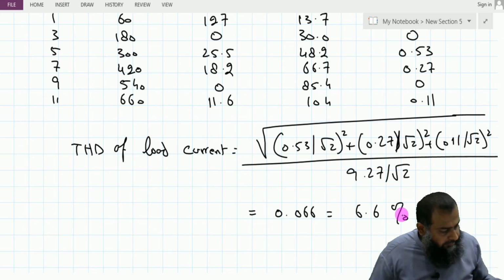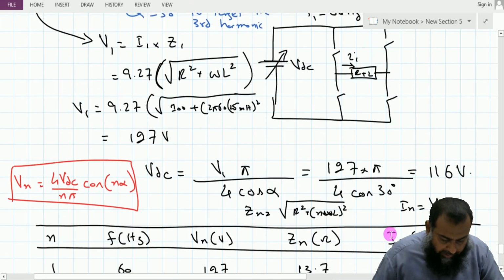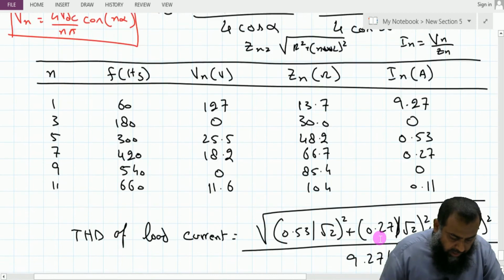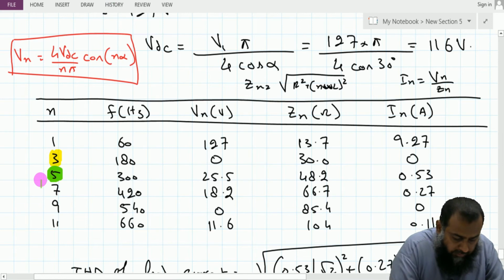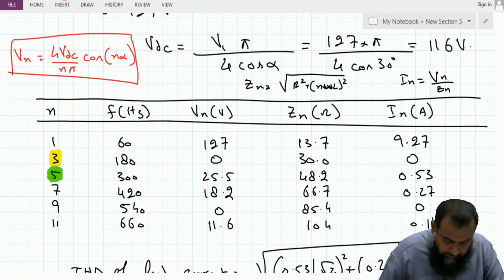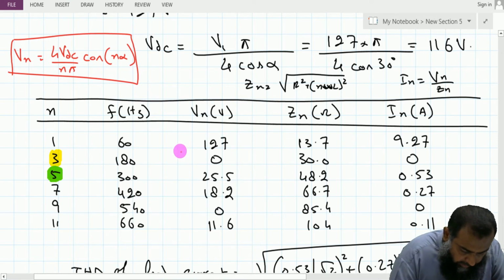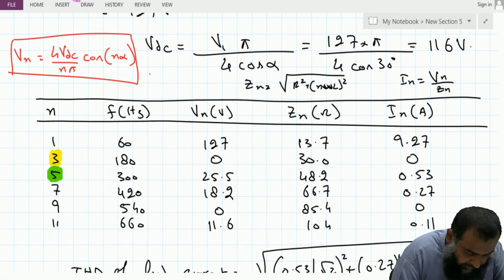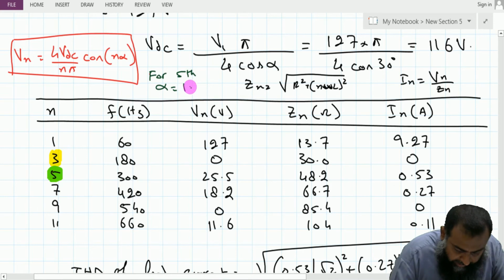Now let us see what is the impact if instead of targeting this third harmonic, let us target this fifth harmonic. Now if this fifth harmonic is to be removed, I will alter it here, that for the fifth harmonic, alpha should be equal to 18 degrees.